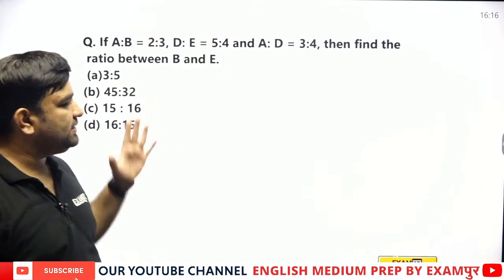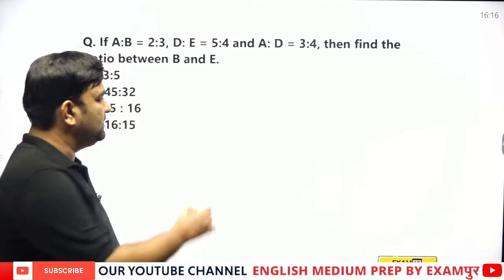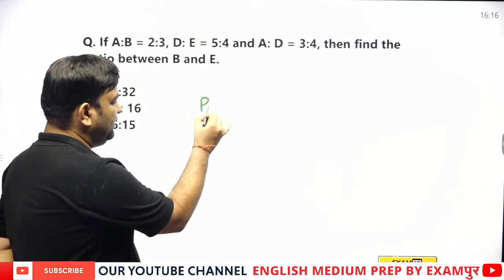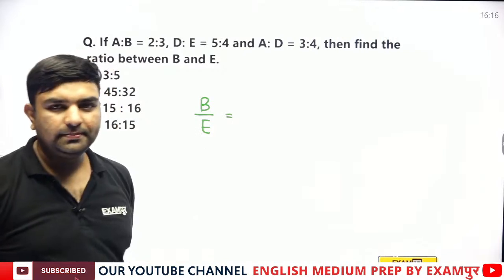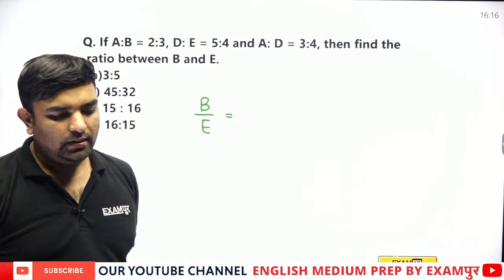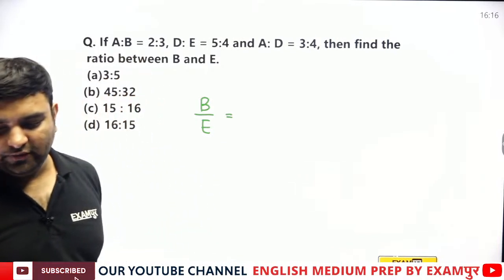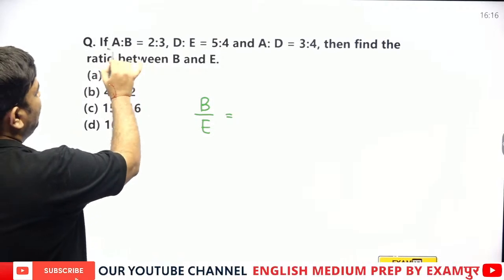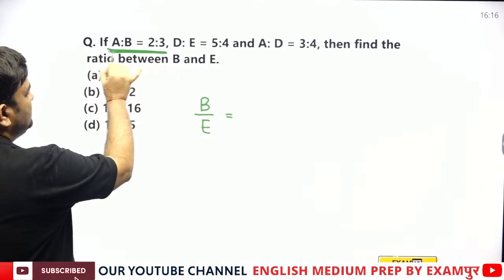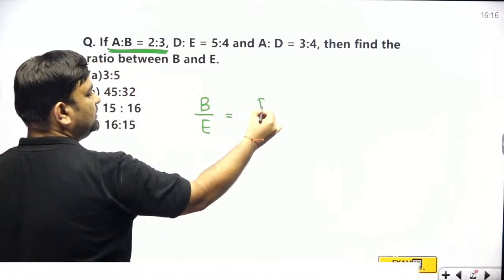You have to connect B and E. You want to find B upon E. Start from B, so B by A is there.